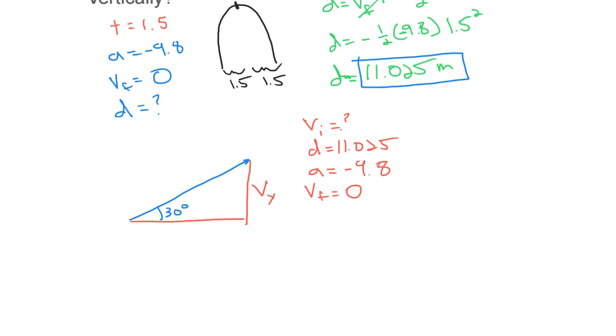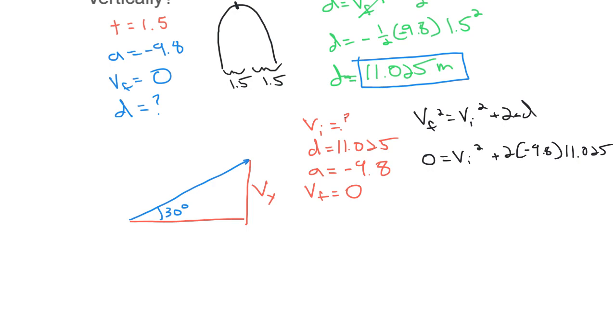So let's solve this for v initial. We need the equation that doesn't have time. So v final squared equals v initial squared plus 2ad. V final squared is 0. V initial squared is still unknown, plus 2 times negative 9.8 times 11.025. Multiply this together, and then we'll add it to both sides.